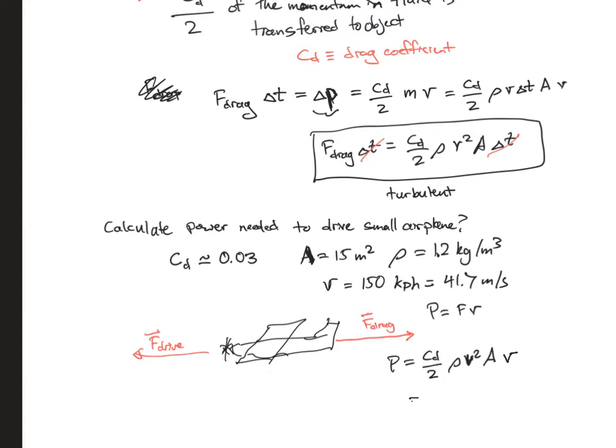And so let's just rewrite this as CD over 2 rho v cubed A. So it's interesting that the power that's needed to drive the airplane forward is proportional to the cube of the speed. And it would be the same thing if you're driving a car, if you're only thinking about the component of power that's needed to counteract the air resistance, it's proportional to the cube of the speed at which you're going.